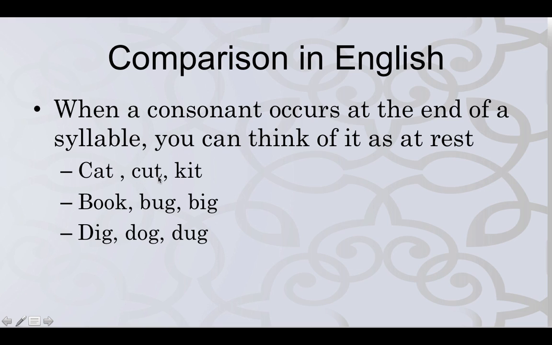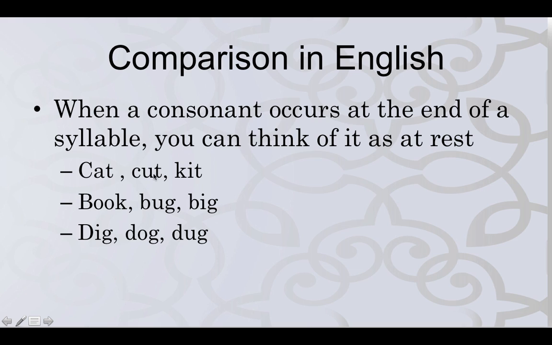Similarly, this T is at rest. The C is being moved, has a direction, because of this vowel. So you say C-U, and then a T, cut. The T is at rest. If the T had an E or an I, it would be C-U-T-E, cute, cutie, or Q-tip.